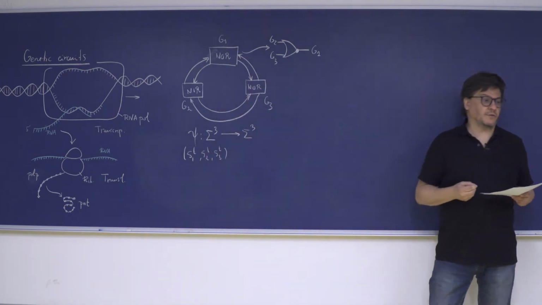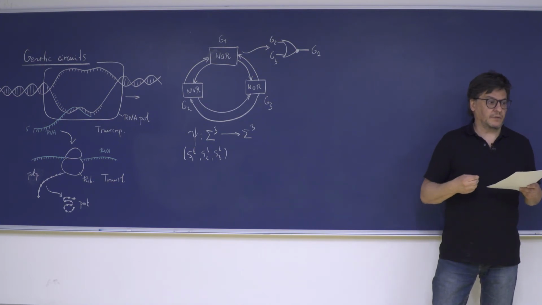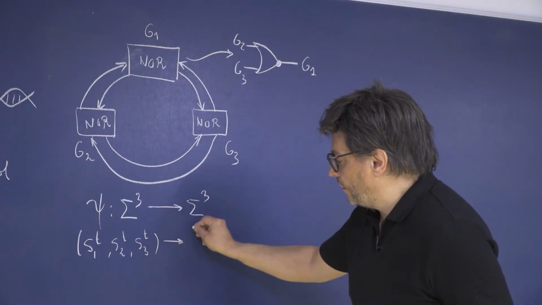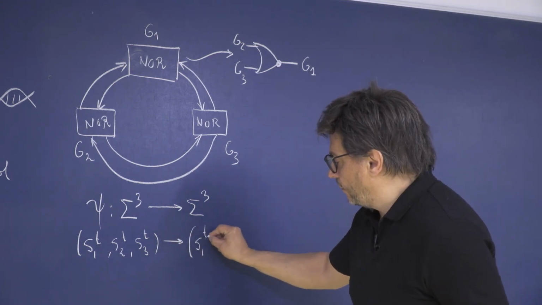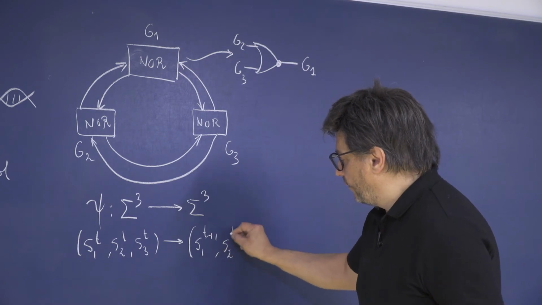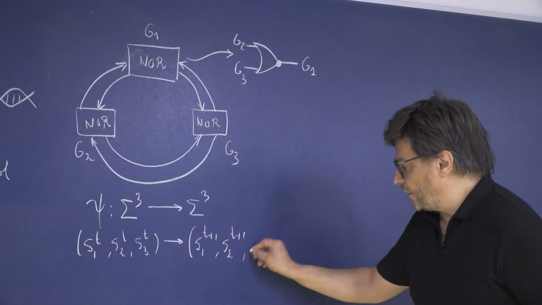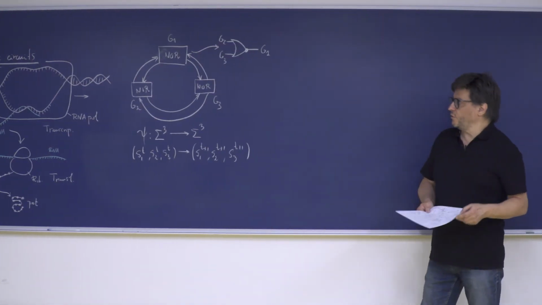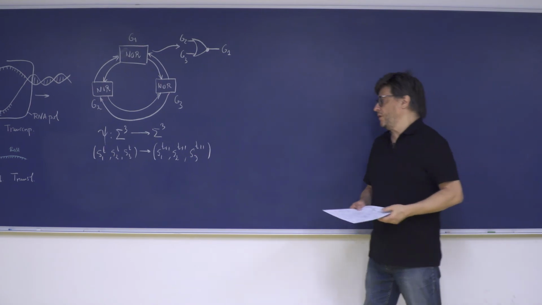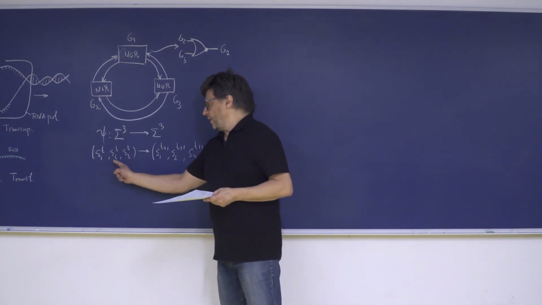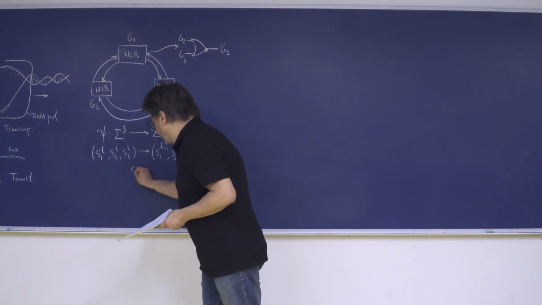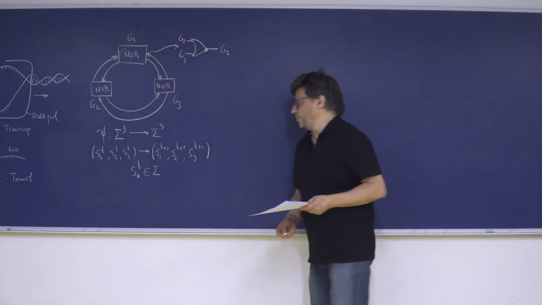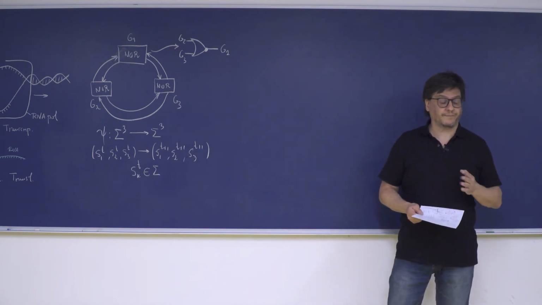For simplicity, I'm assuming that time is going to be discrete, right? 1, 2, 3, so that somehow I will know the state at time t plus 1 of my variables, right? So the states of gene 1, gene 2, gene 3 are going to be expressed as binary variables, right? So any of these numbers is going to be 0 or 1. But now I have a dynamical state.